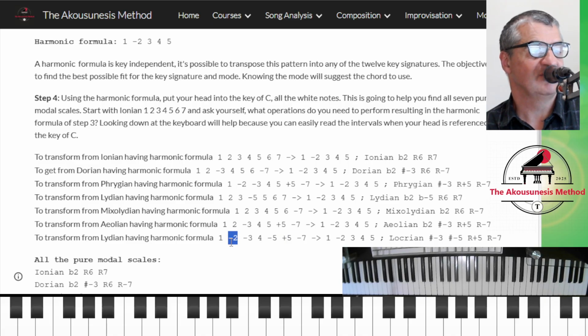Now the Locrian has a -2 with -2. It's the same. -3, so we have to sharpen the -3 to get to the 3. It's got a 4, it's got a 4. It hasn't got a 5, right? And it's got a -5. We've got to get to 5 from -5 by sharpening the -5. Oh, I was going the other way. So sharpening -5 will get us to the 5.